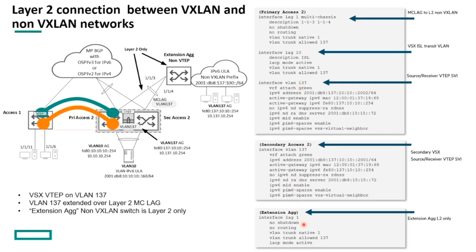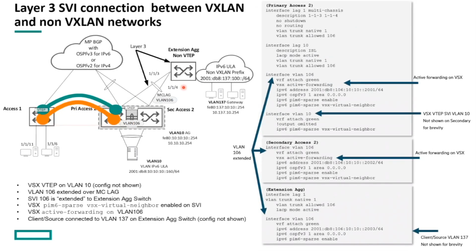And then on the extension switch, which is just purely layer 2, we have that VLAN going up this lag, and then these devices will be access ports on that switch.